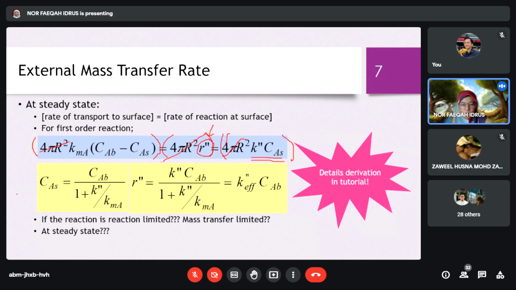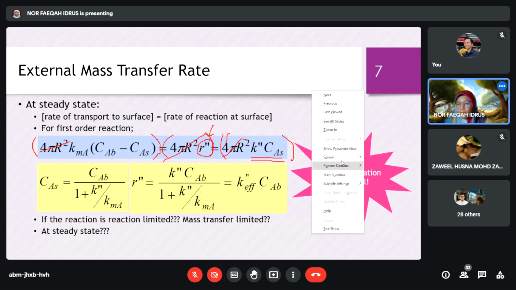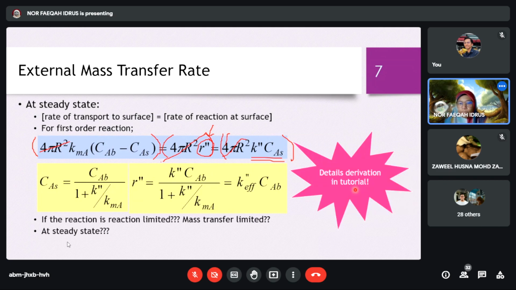After we rearrange for C_AS, this is the equation that you will get. Why do we need to rearrange for C_AS? Because the overall rate equation, or rate law, this is the rate law equation. For the rate law equation, we want to write it in terms of the concentration of reactant at the bulk fluid.